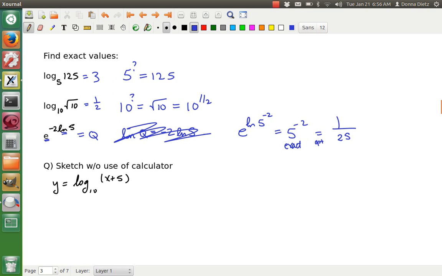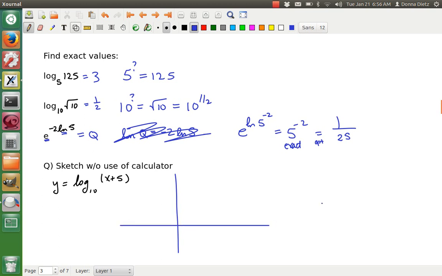Okay. Sketch without the use of a calculator. Well, this is a graph shift. Well, this is already a bad plot. Why? Because I'm going to have to deal with negative values, and I don't have myself set up well to do that.